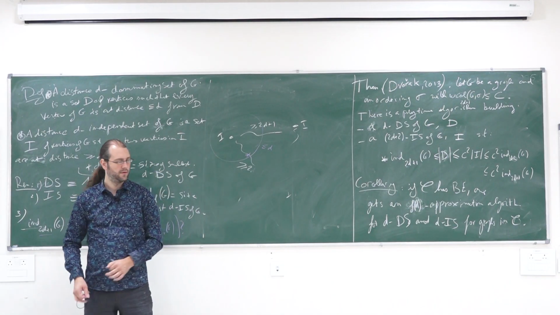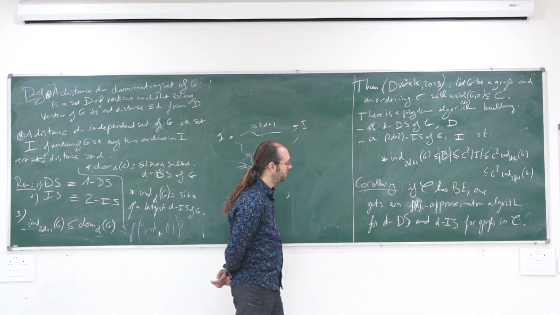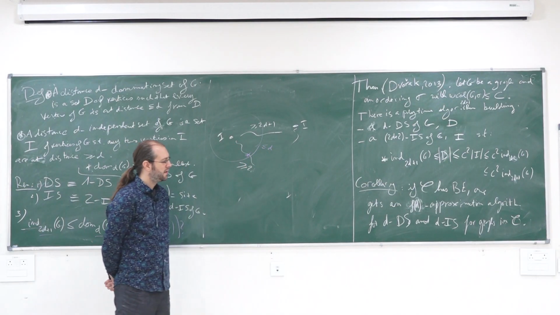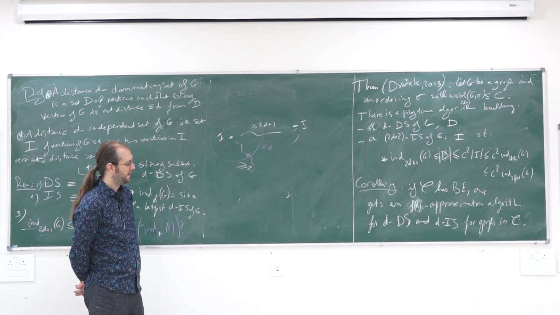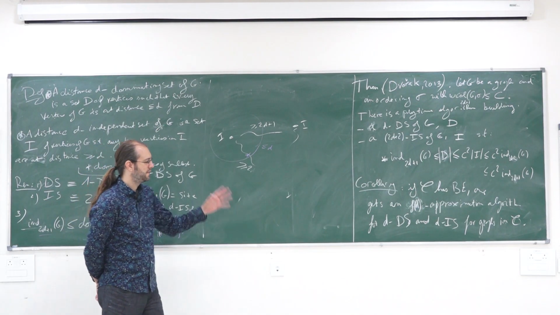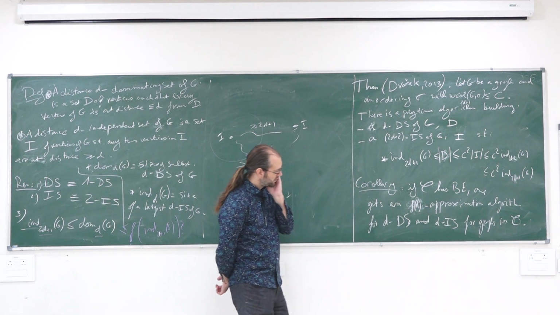So it is much like you cannot get good algorithms exactly, even in very special classes of bounded expansion like bounded tree width. This doesn't exist. But you have this nice f of d approximation algorithm, which is polynomial.